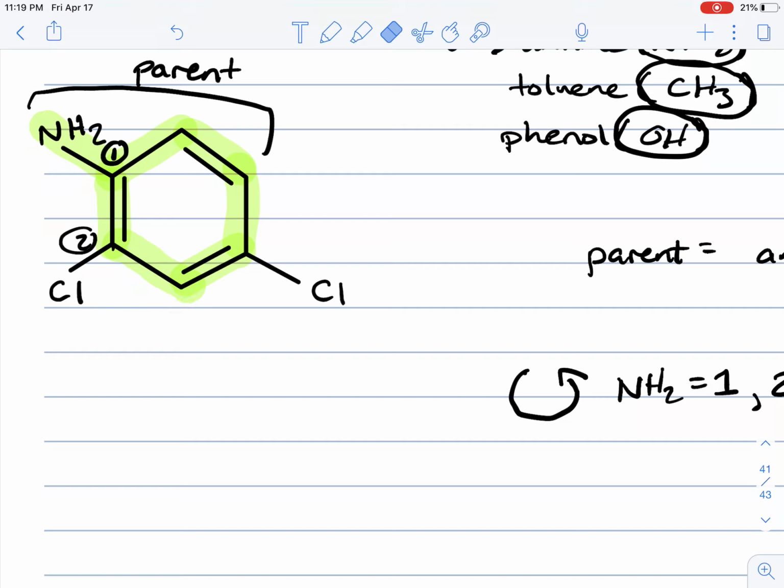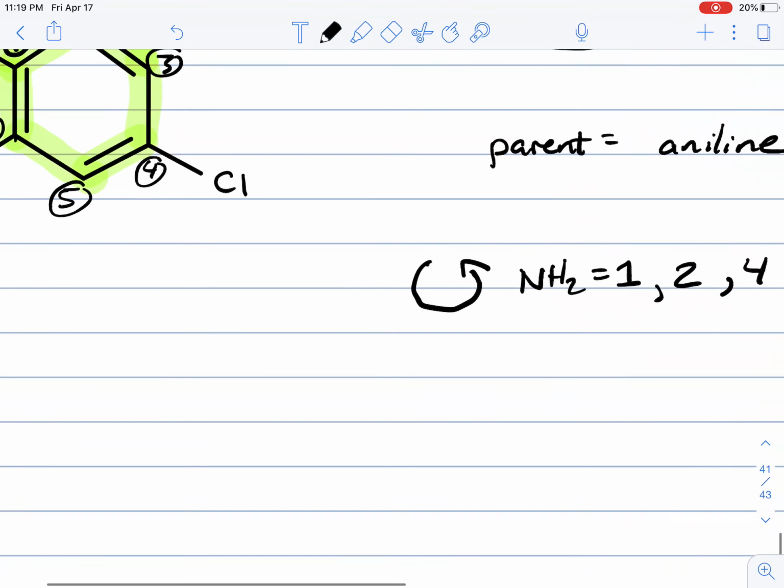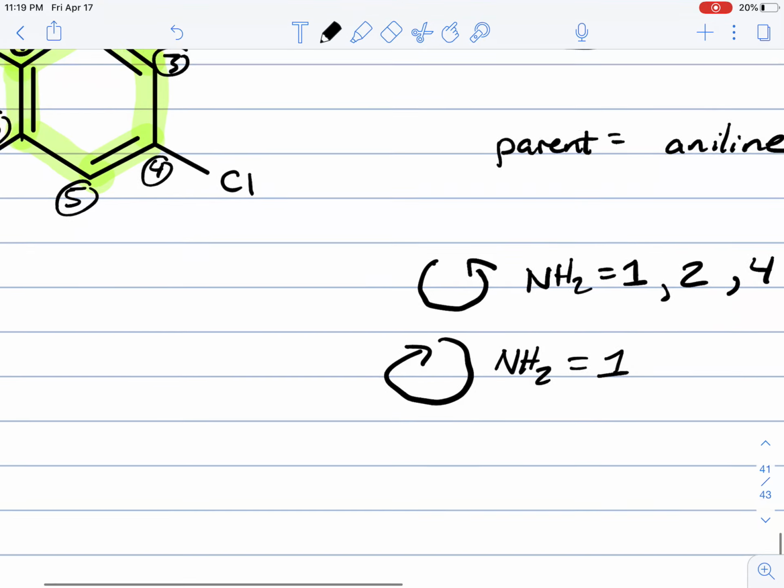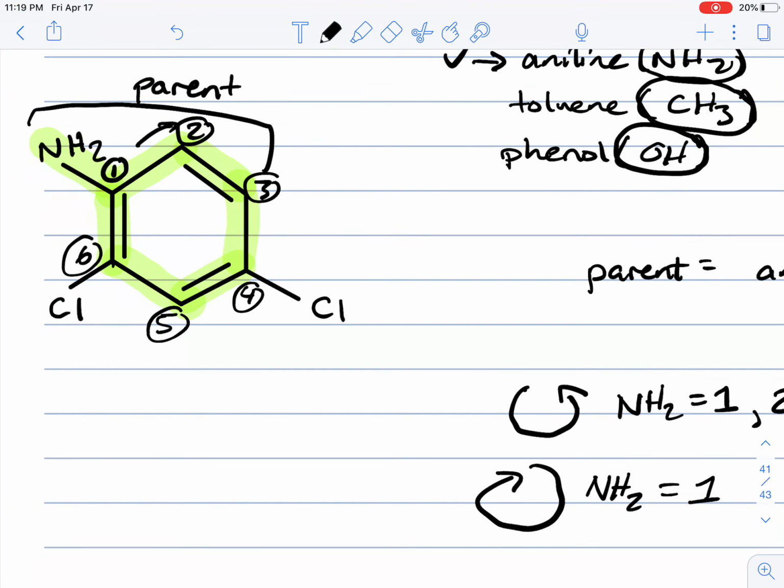We're going to repeat this same procedure, but now we're going to go clockwise. So this is going to be carbon number 2, 3, 4, 5, and 6. If we go clockwise with NH2 as our reference point for carbon number 1, oh, it is clockwise.